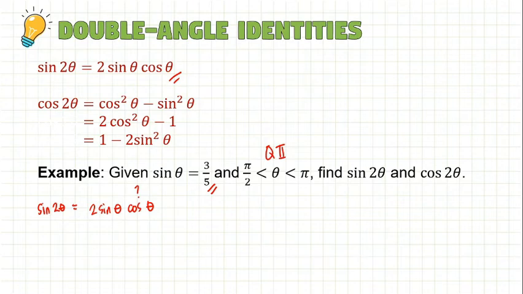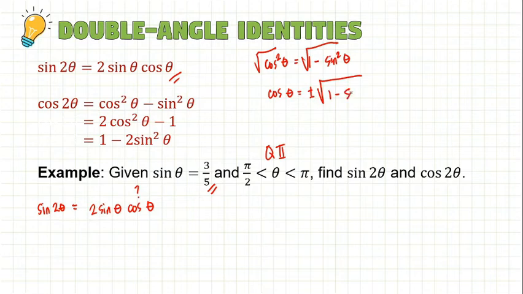Now, from our Pythagorean identity again, cosine squared theta is just equal to 1 minus sine squared theta, right? So it will follow if we are going to take the square root of both sides, we will have cosine of theta is just equal to plus minus square root of 1 minus sine squared theta.